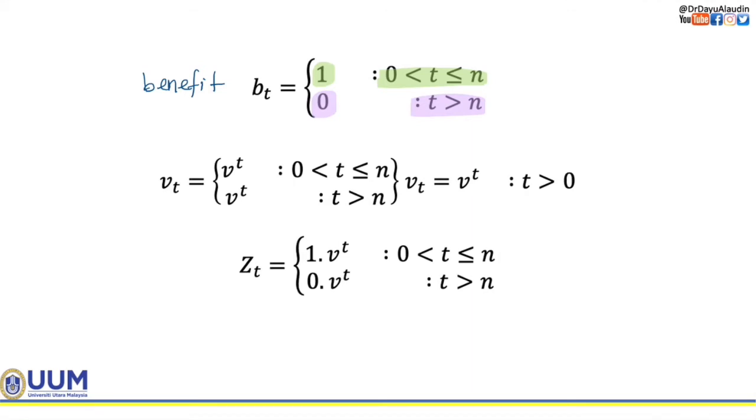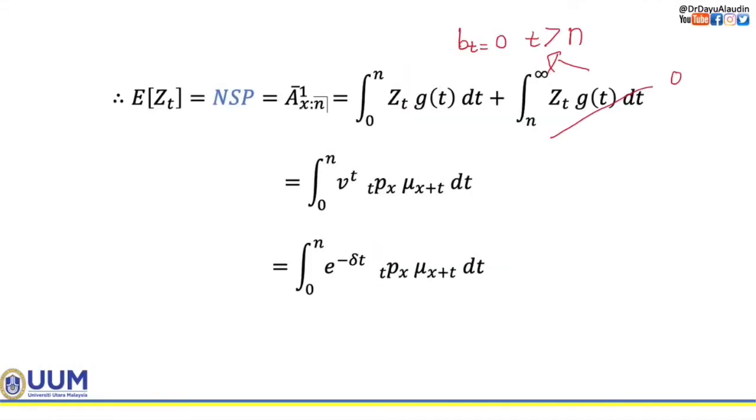And for the discount function, Vt is equal to V to the power of T, e to the negative delta T. So Zt is equal to 1 times Vt if the death happened within the N years, and equal to 0 if the death happened after N years.